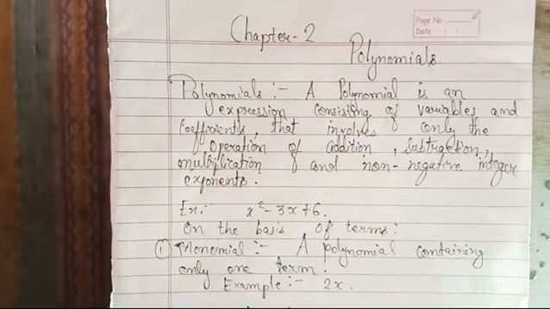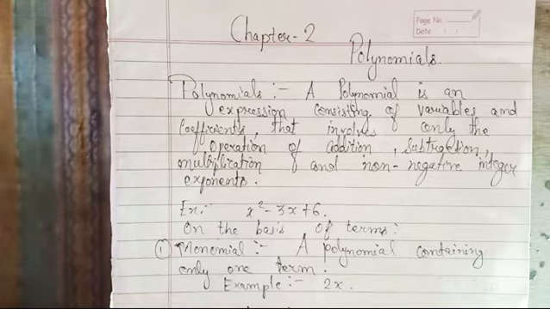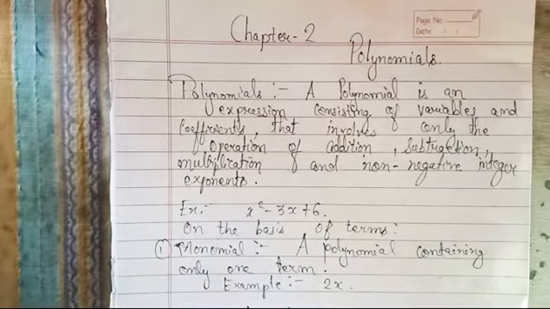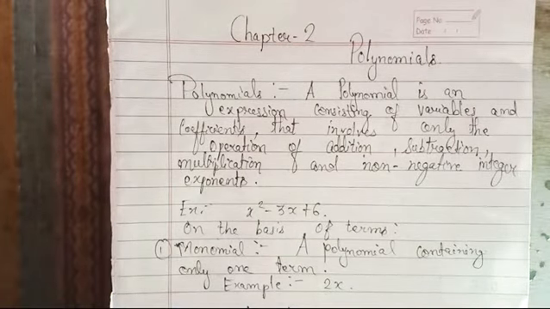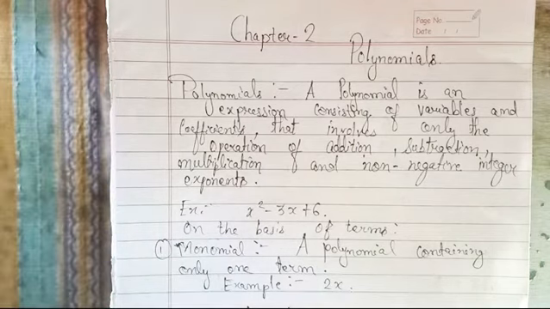A polynomial is an expression consisting of variables and coefficients that involves only the operations of addition, subtraction, multiplication and non-negative integer exponents.